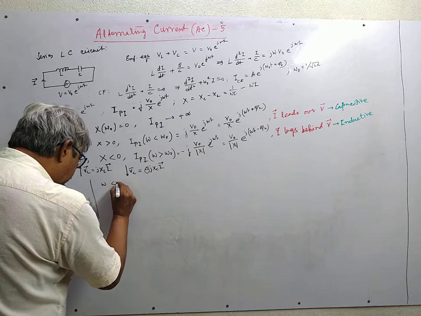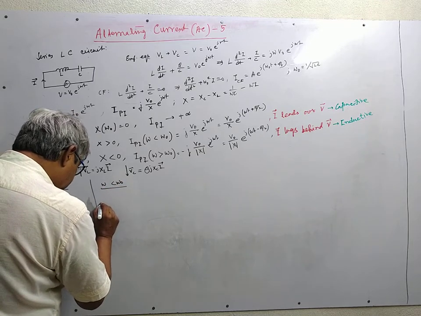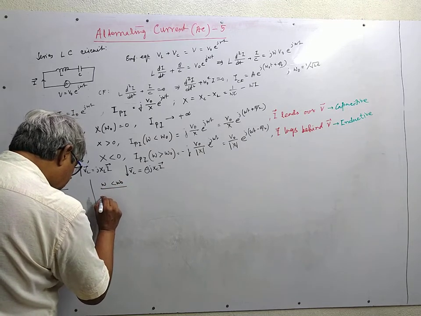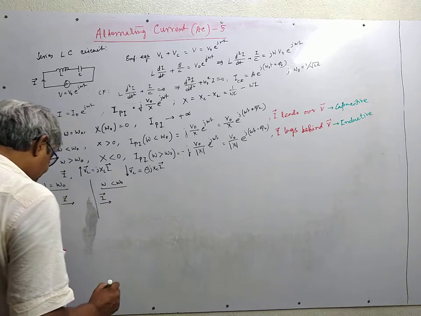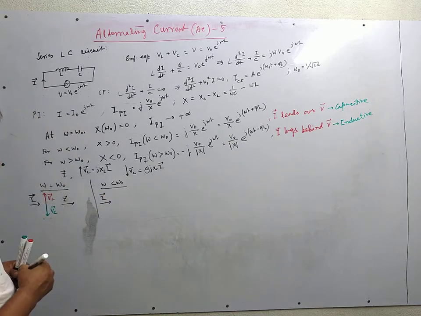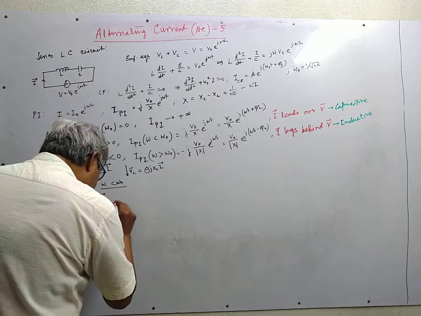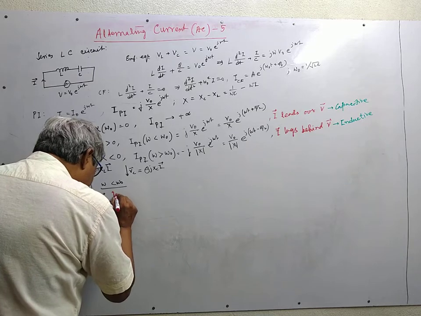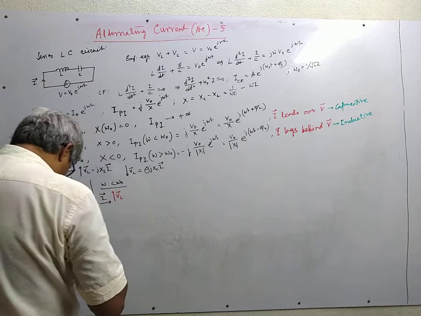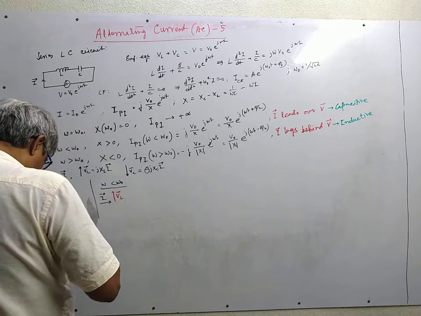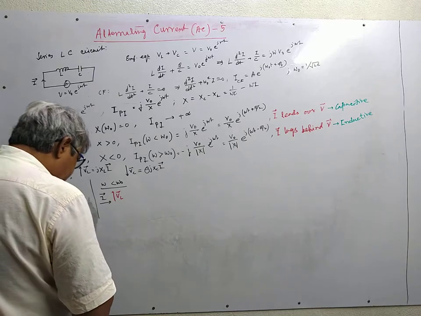And for omega less than omega 0, this is the reference current. VC will have a larger magnitude, so VL will be smaller. This is VL, it's smaller, and VC will have a larger magnitude.